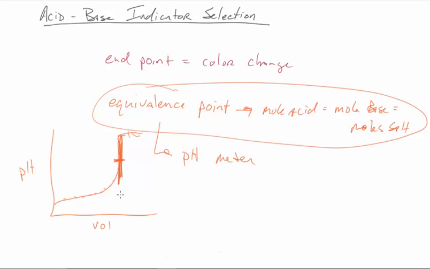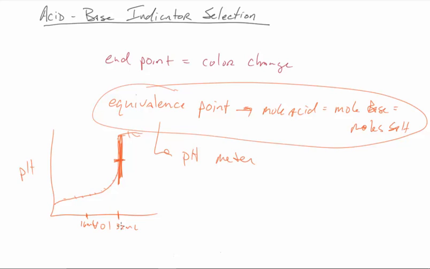If this was 32 milliliters in this particular titration, that means my half equivalence point would occur at 16 milliliters, because it's exactly half the volume to my equivalence point. So determining the equivalence point with a pH meter is really easy if I've got access to one, and that'll allow me to determine the half equivalence point as well, right?